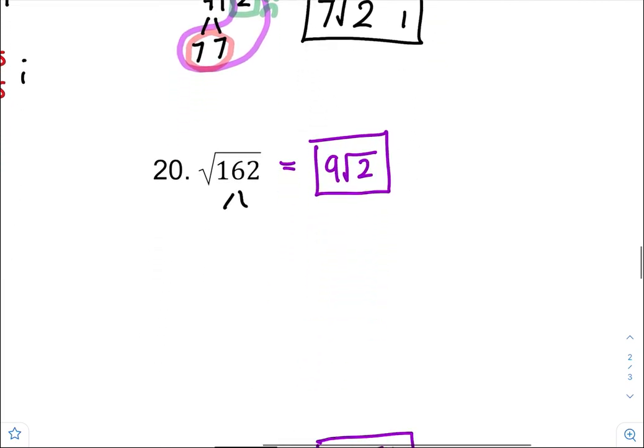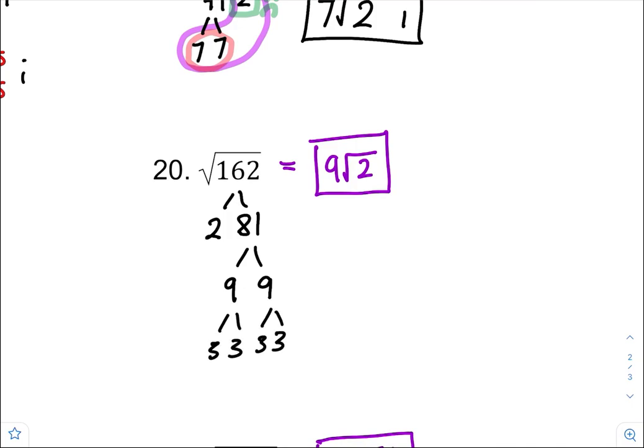20. So 2 could go into 162 to make it 81. Factors of 81 are 9 and 9, factors of 9 are 3 and 3. Remember, you can only look at the prime numbers. You can't look at the 9s and the 81, because those are not prime. The 81 became the 9s, the 9s became the 3s.